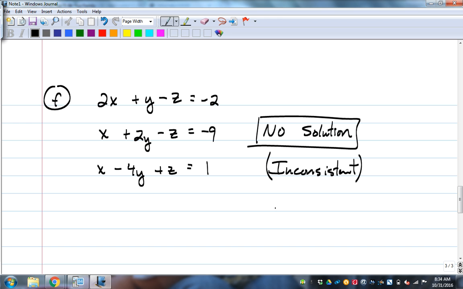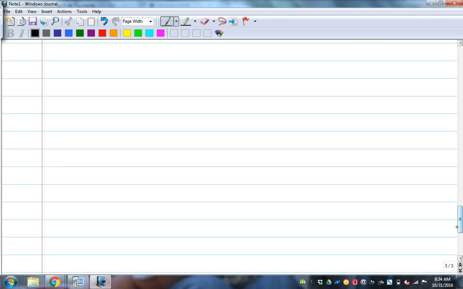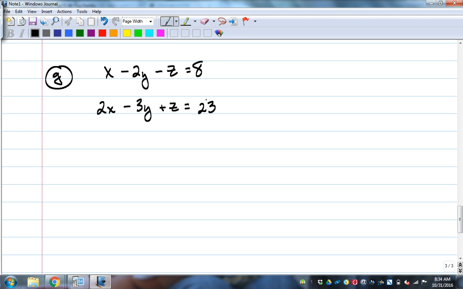So, example G. Here's our system: x minus 2y minus z equals 8. Then we have 2x minus 3y plus z equals 23. Then 4x minus 5y plus 5z equals 53.